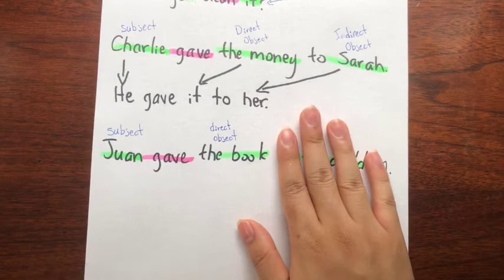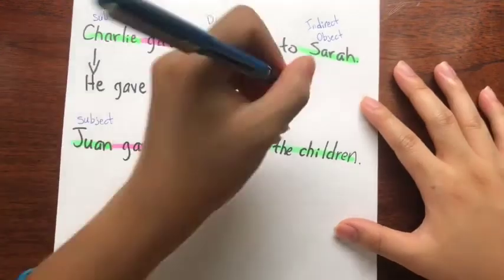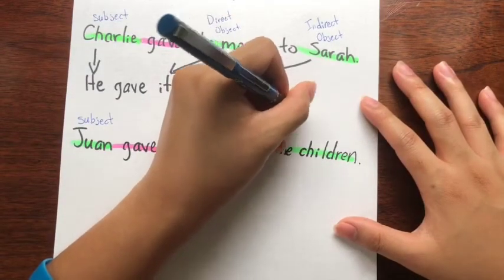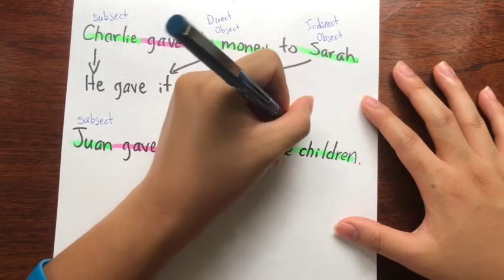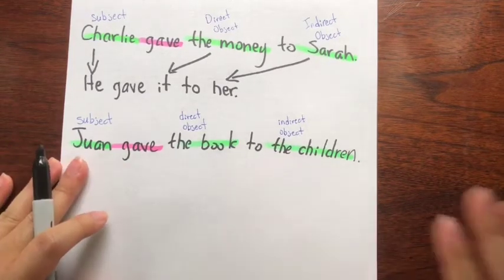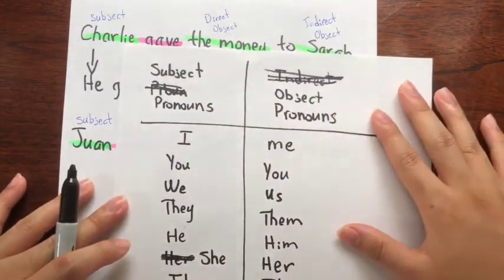So Juan gave the book. He gave the book. To who? To the children. So the children is the indirect object. Okay, so let's replace the nouns with subject pronouns and object pronouns.